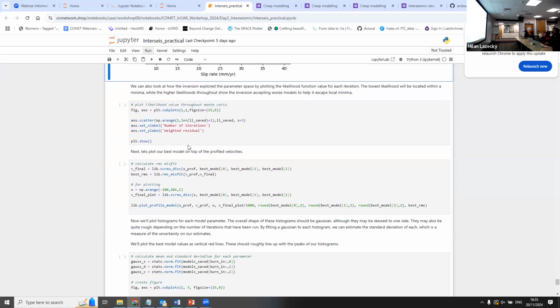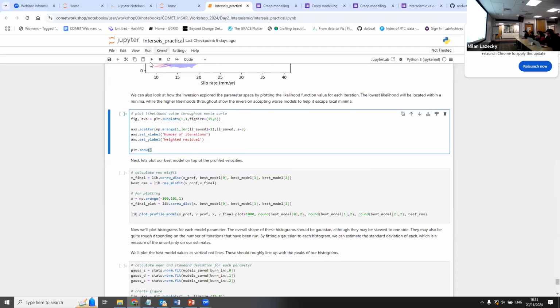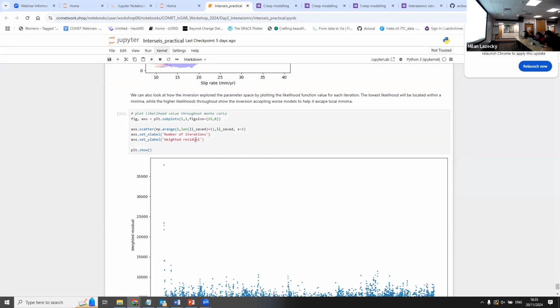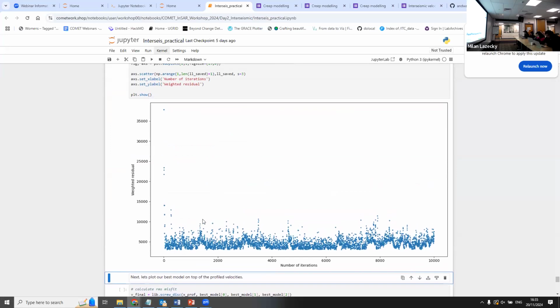And then we can look at the likelihood function value for each iteration. So this is the weighted residual for each iteration. You can see that this weighted residual goes down very quickly at the beginning and then stabilizes after that.